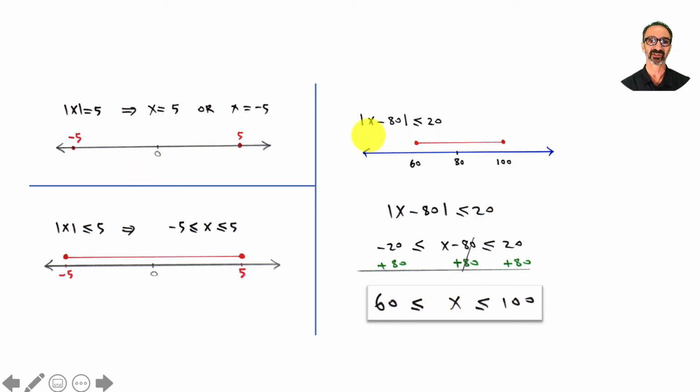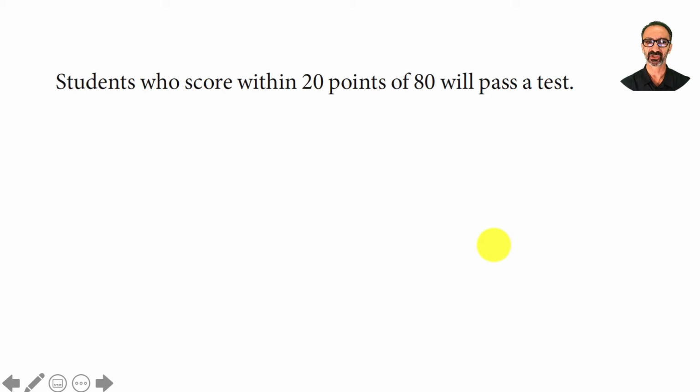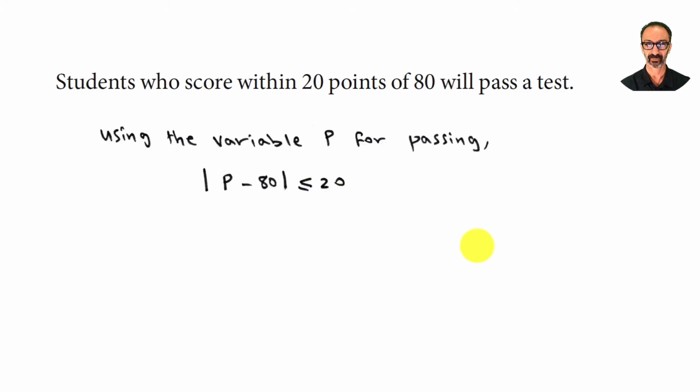Now, in real life, it's not always like this, x's and y's, or scores, or grades, or whatever. It is a real life problem. It says students who score within 20 points of 80 will pass a test. Using the variable p for passing, instead of x, that says it all.